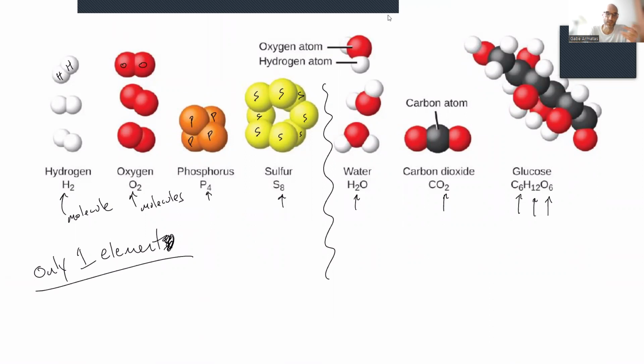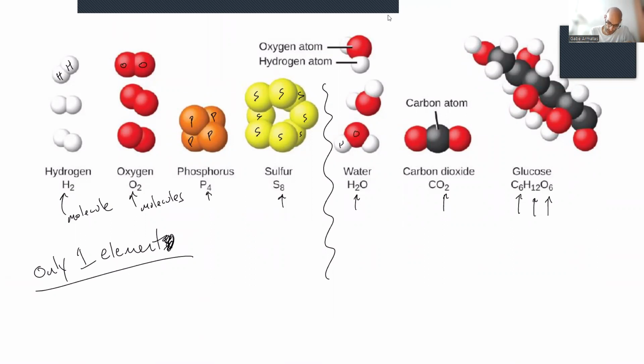The first one is hydrogen, second is oxygen, next is phosphorus, and the last is sulfur. But they would all be considered molecules because they're not just one individual atom. We'll get into the specifics of this, but the rest of these are molecules as well, and they contain more than one element.